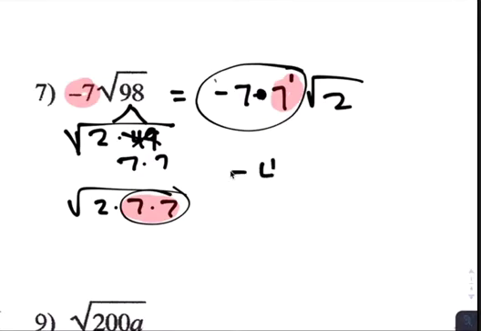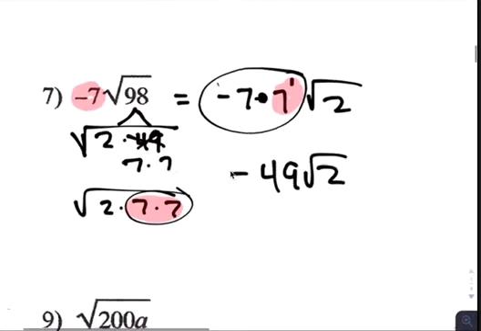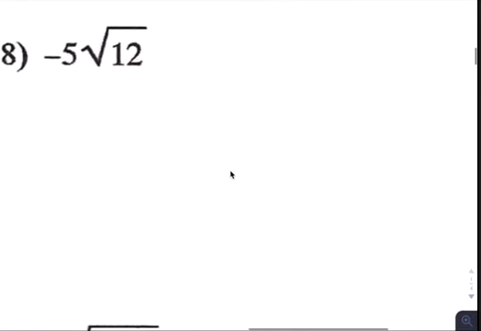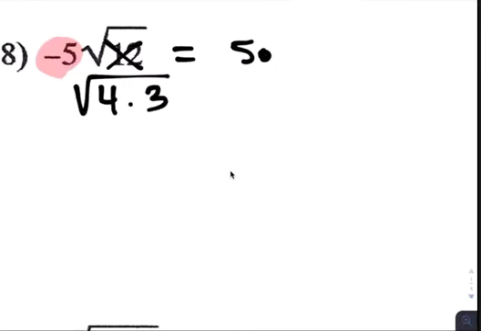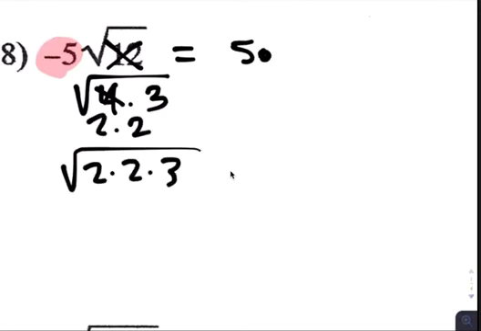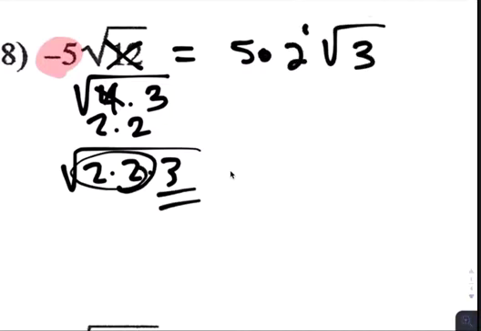Multiply that, you get negative 49 square root of 2. Okay. Same thing here. So your answer is negative 5 times whatever the square root of 12 is. It's 4 times 3, 2 times 2, so square root of 2, 2, 3. You got one pair, 2 to the first, square root of this 3. This can be invisible. You get negative 10 square root of 3.